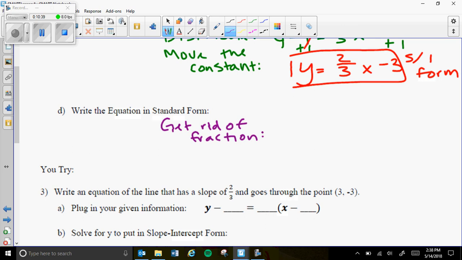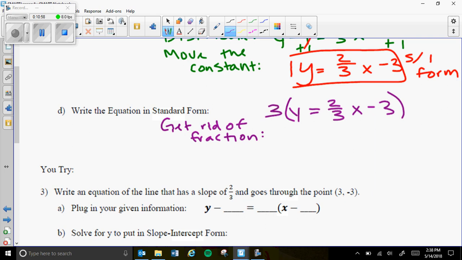So I'm going to rewrite this problem down here. y equals 2/3 x minus 3. Remember, we can't have fractions or decimals. So in order to get rid of that fraction, what do we need to multiply this whole equation by to get rid of that denominator?